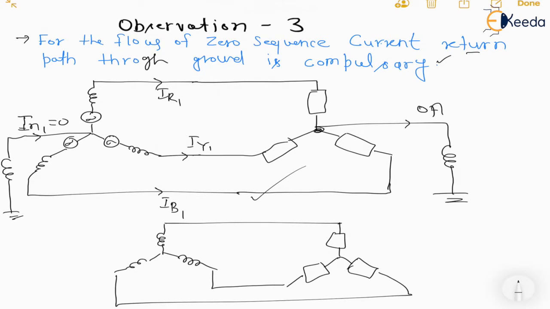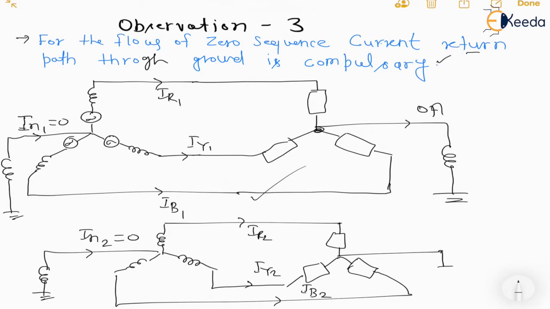I am just drawing the rough circuit for the negative sequence network. So here the value of IN2 will also be 0, and here it will be IR2, here IY2 and here IB2. Whether neutral is connected or not, there will be no effect on the negative sequence network. So there is no effect of neutral in the positive sequence network and negative sequence network.